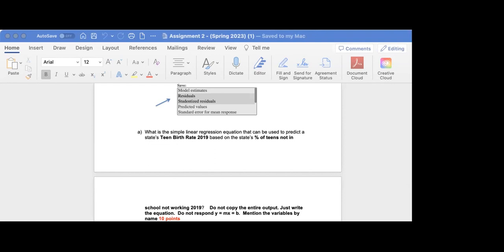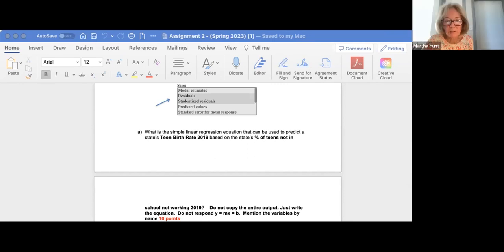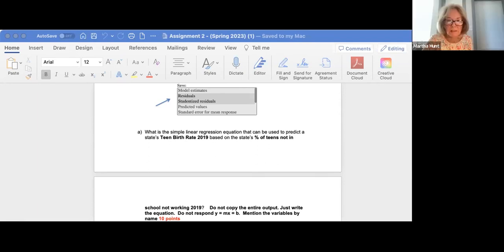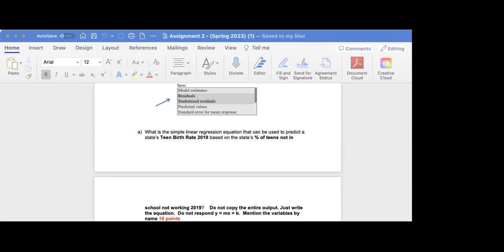All the other columns do say percent and this says rate. We'll assume it's percent, okay? Okay, that works for me.